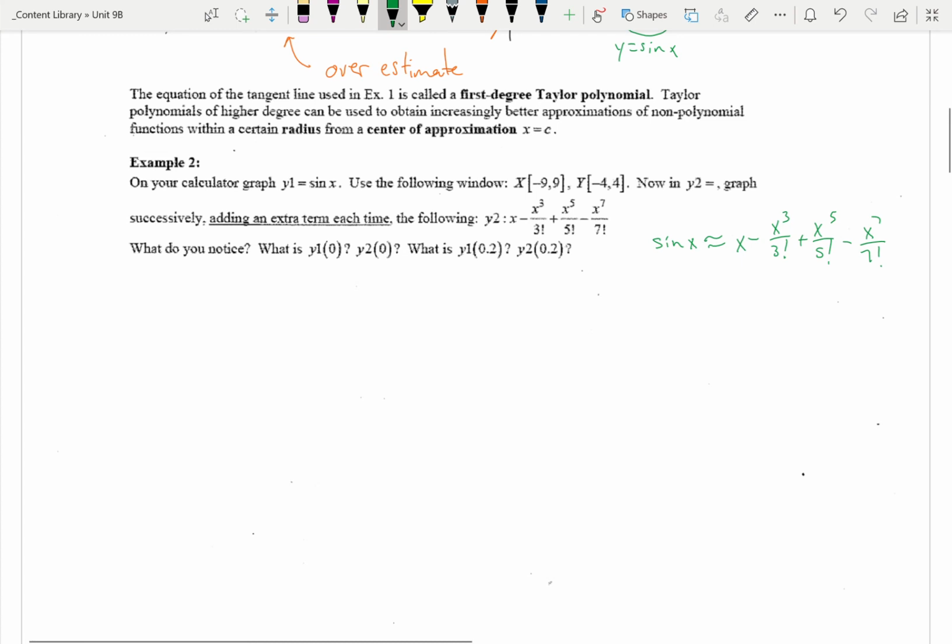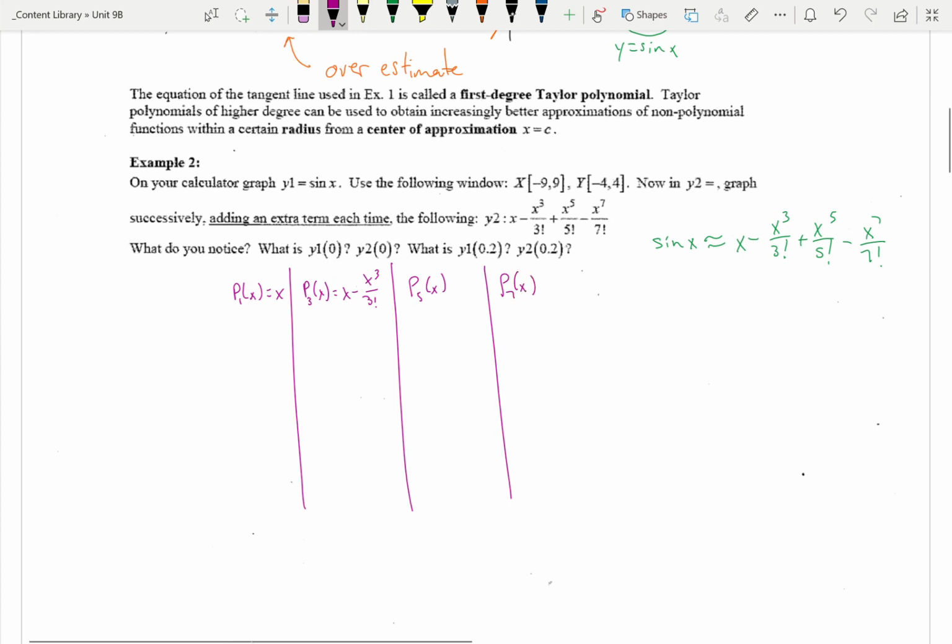So what chart am I talking about? What they're asking you to do here is compare P1 of x, which is equal to x, to P3 of x, which is equal to x minus x cubed over 3 factorial. Compare that to P5 of x, and compare that to P7 of x.